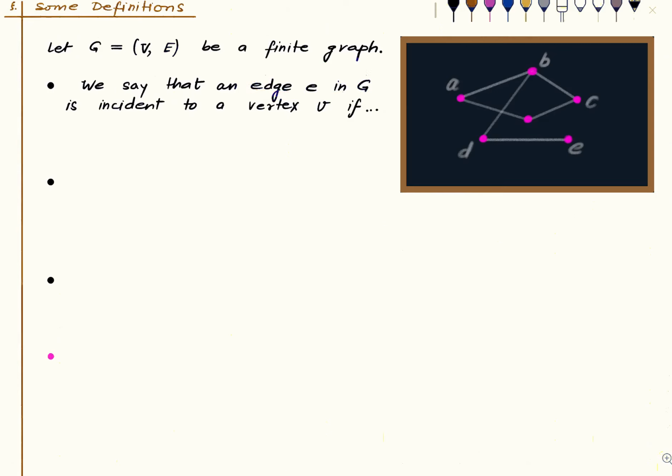We say an edge e is incident to a vertex v if v is an endpoint of e.